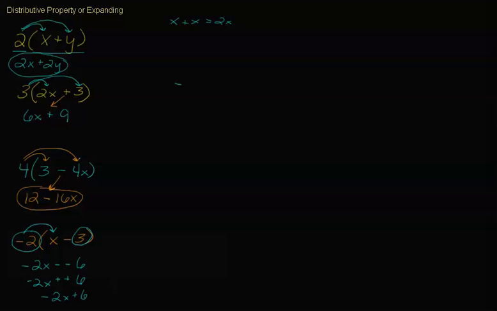So let's do -3 times 2x minus 4. We take the negative 3 times 2x. That's the easy part. Negative 3 times a positive 2 is negative 6x.